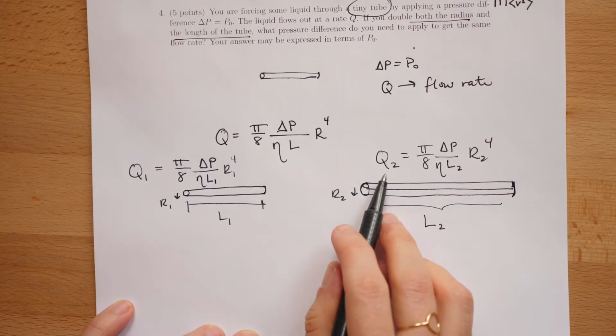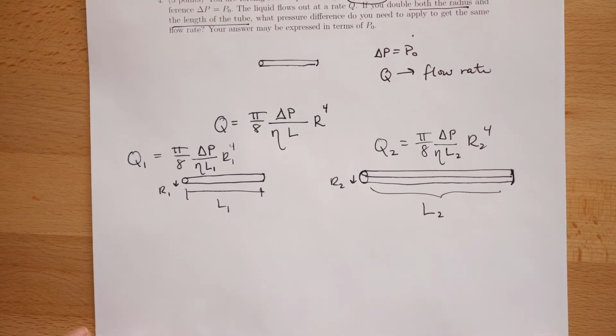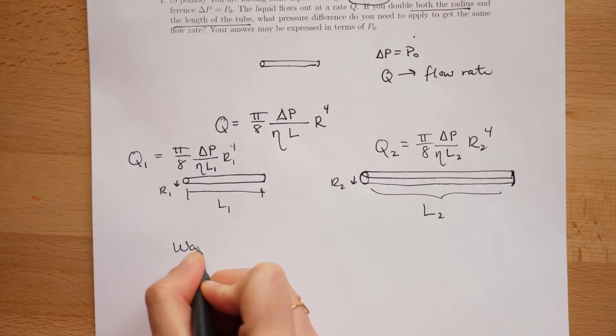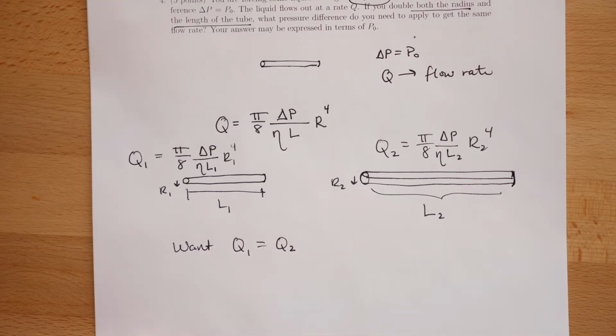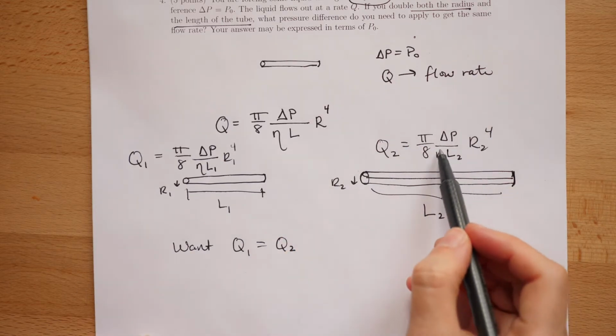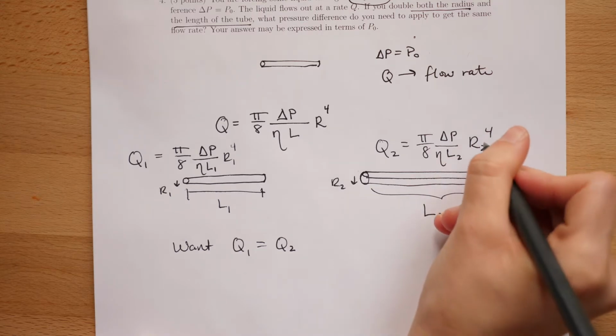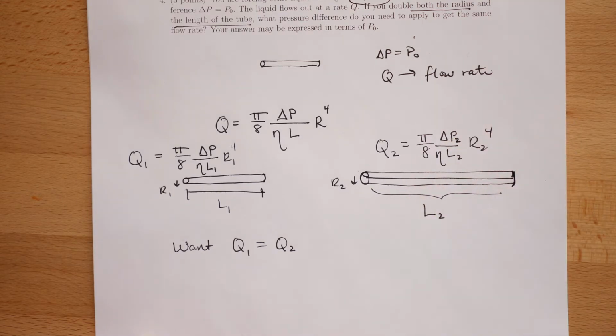We want the same flow rate, so we want the flow rate for the first one to be equal to the flow rate for the second one, and we want to know what pressure difference we have to apply. So this should be delta P2 in order to get the same flow rate. So we want them to be equal.